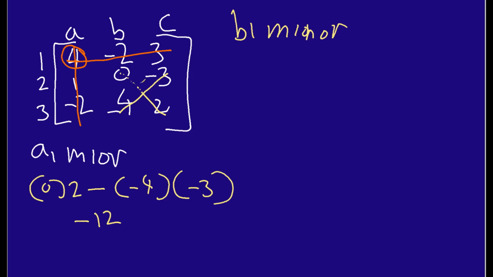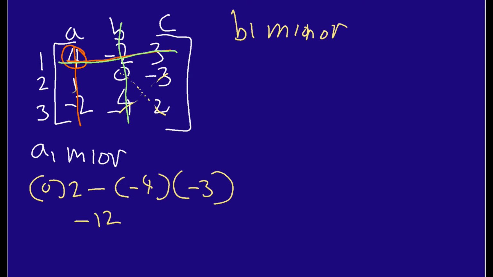What we're going to do here is take out column B, like last time, and we're going to take out row 1. We're always taking out row 1 because we want to make our life simple. We're new to this, so let's not make it complicated.